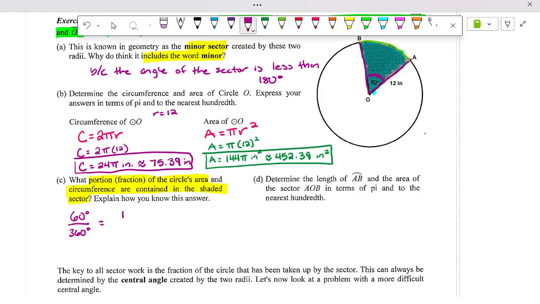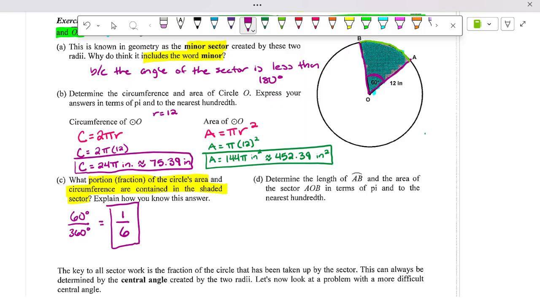Good. So in other words, if we divided this pizza evenly, we would get 1/6 of the pizza. So it's a 1/6 piece of the pie. That's how much of the area and the circumference that we have, 1/6 of it.